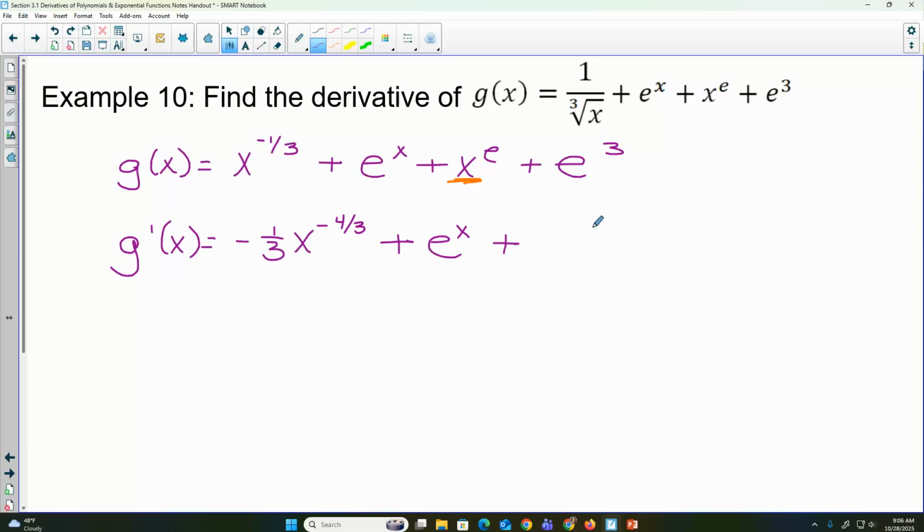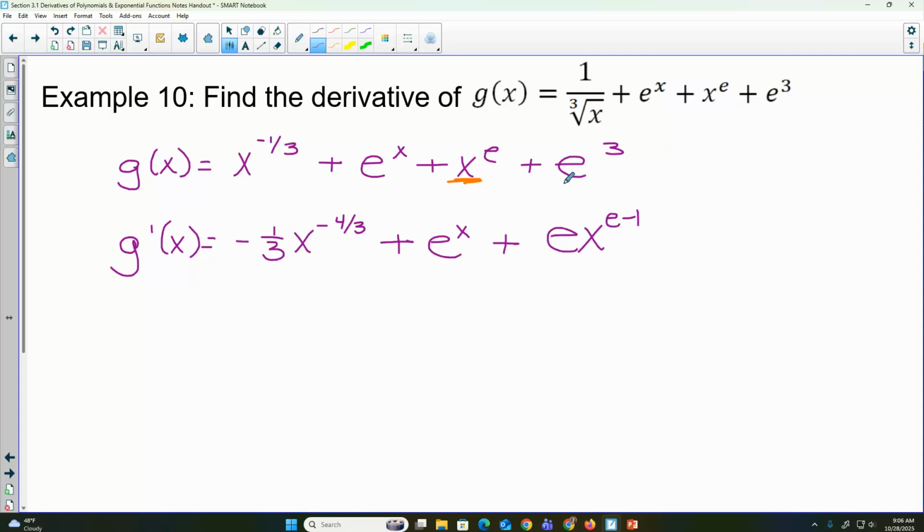It wouldn't be x to the e, would it? It would not. Any other guesses? X to the e minus 1. Yes. It's x to a power. Just like we did over here, the power comes down, you subtract 1 from the exponent. So the e comes down, x to the e minus 1 power.